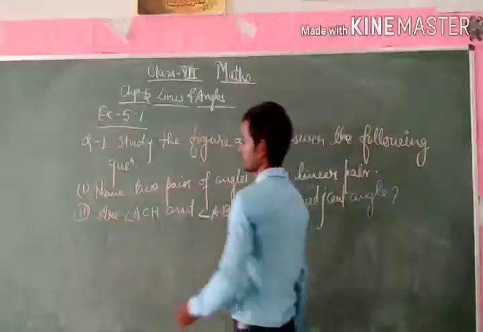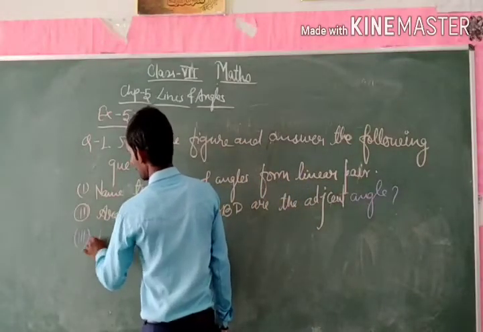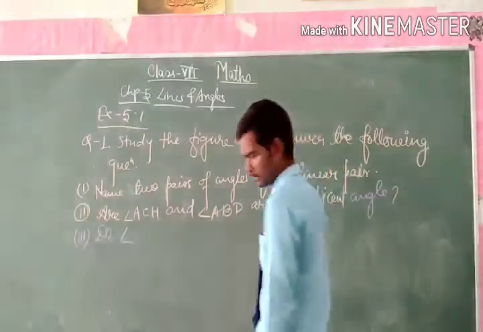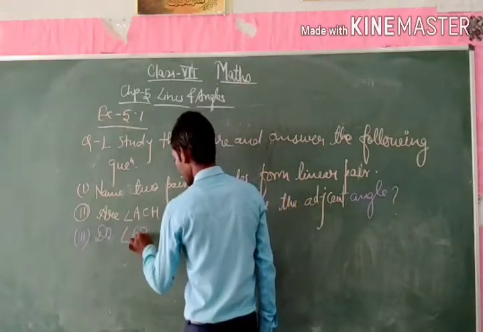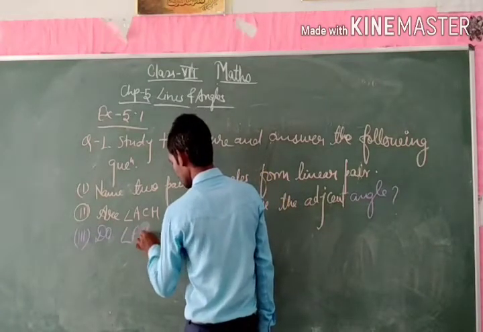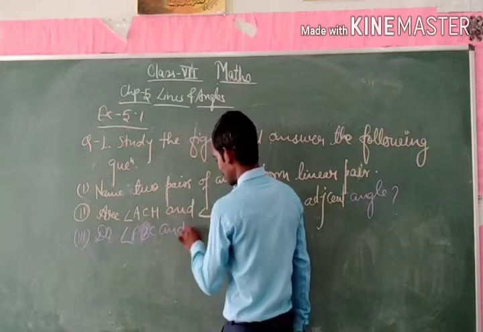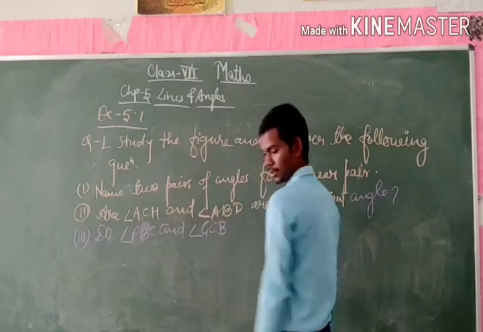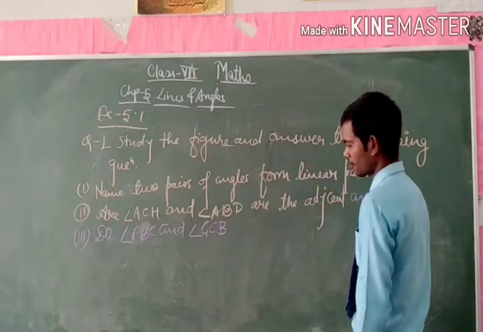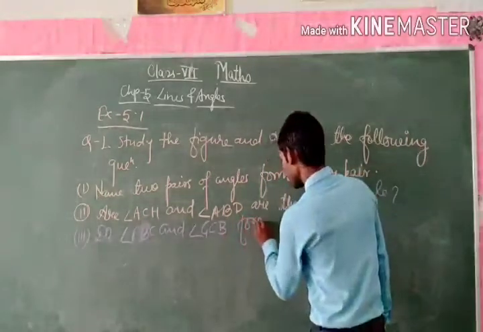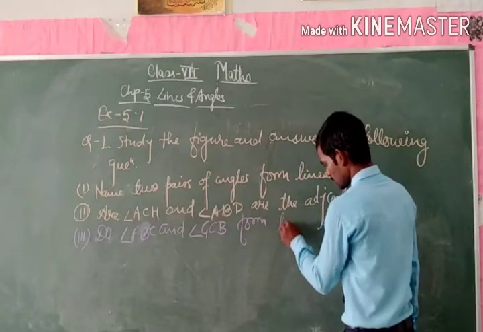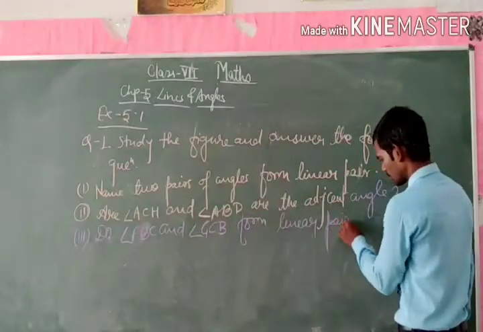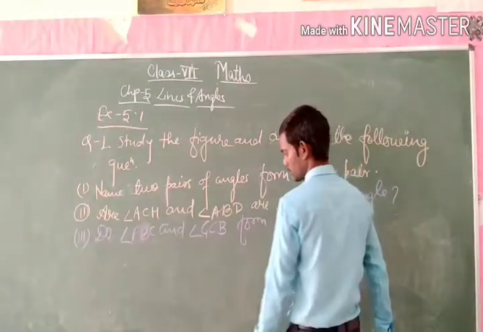And the last condition is: do angle FBC and angle GCB form a linear pair? And the figure is given here.